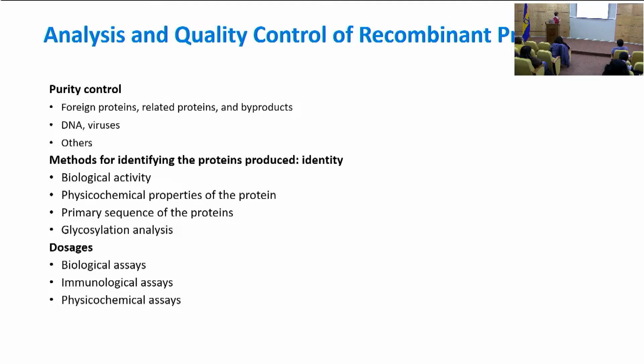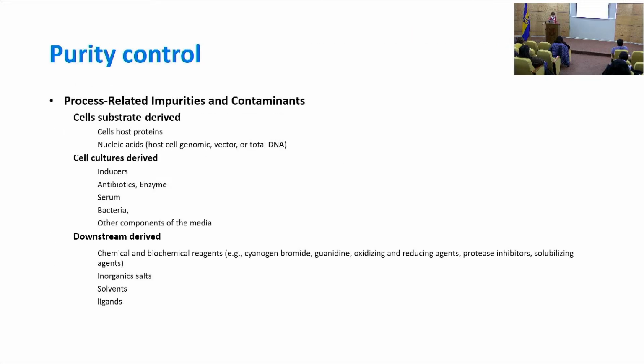That's why methods to ensure identity have to be used: biological activity, physicochemical property analysis, dosage, the primary sequence of the protein, as well as glycosylation analysis and dosage, as I've presented already.